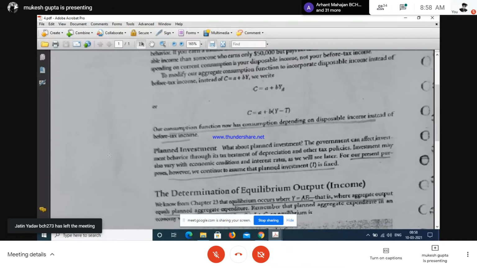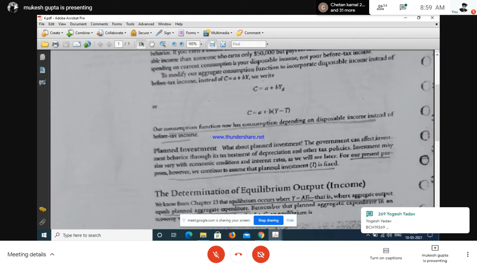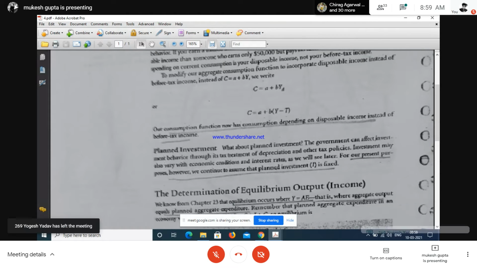Another component is the investment, planned investment. And for simplicity, again, we are considering that, of course, the investment depends upon the rate of interest, because the rate of interest is the opportunity cost, the cost for the investment. But here, for simplicity, we have assumed the investment is autonomous. Autonomous means that it is not sensitive to the interest rate, and for the moment that is fixed.